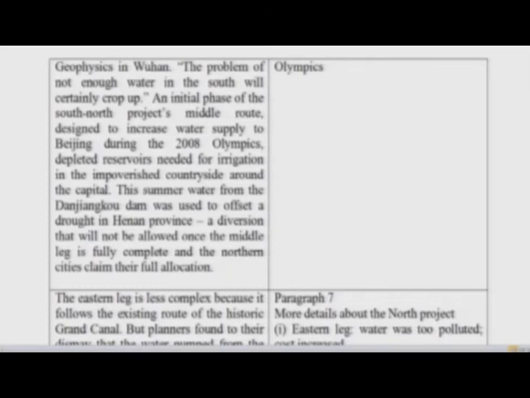An example is what happened during 2008, when some water was drawn towards Beijing. There were serious problems. It depleted reservoirs needed for irrigation, okay. And such temporary measures will also not be possible when this project is complete.